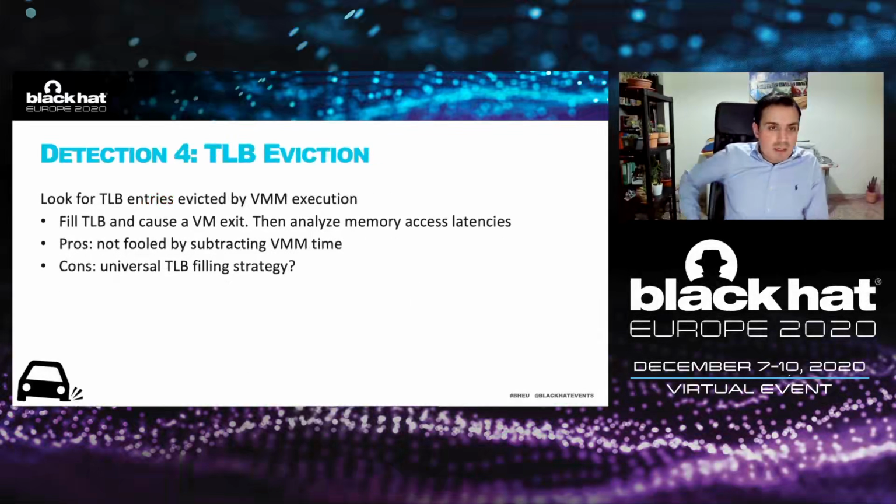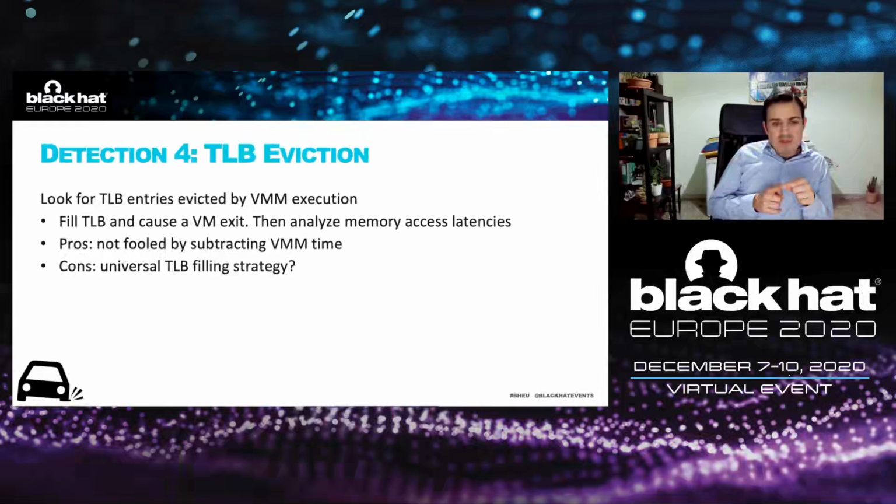The other detection is clever. This time we are not looking for a latency because the VM monitor has to execute. This time we look for a latency that is induced by some thrashing, some pollution of the microarchitectural state from the VMM execution.